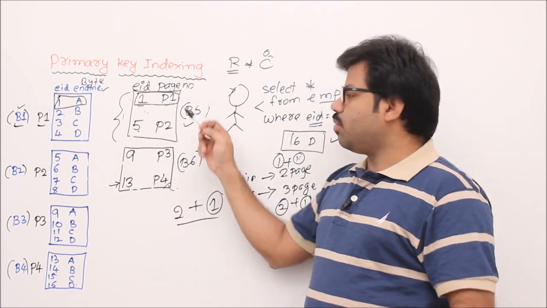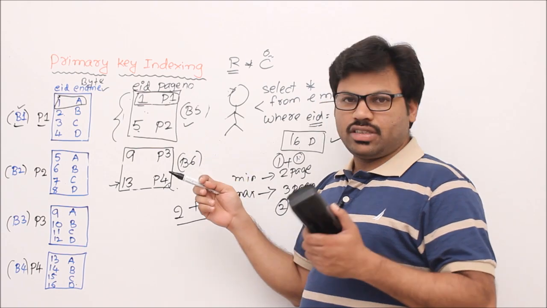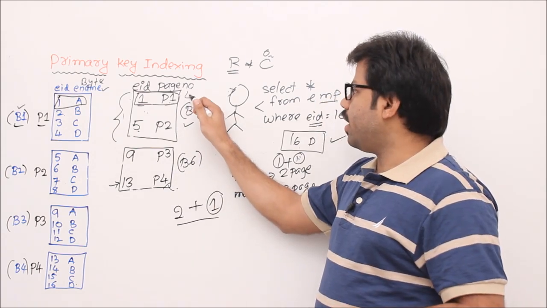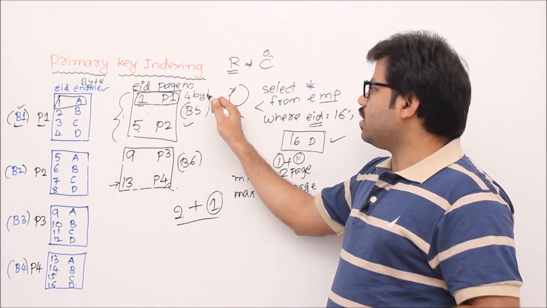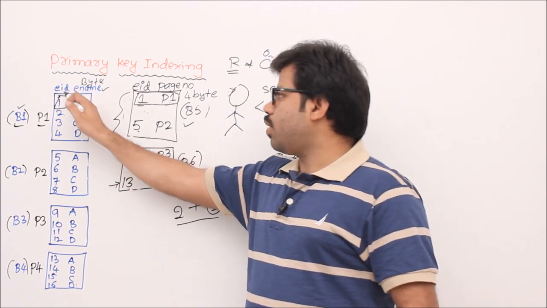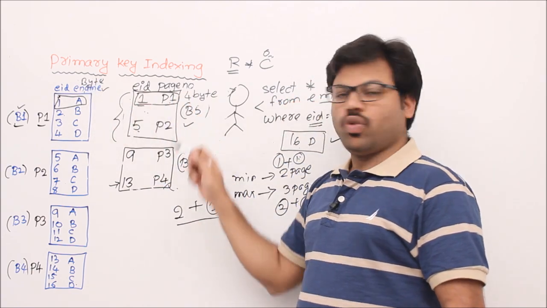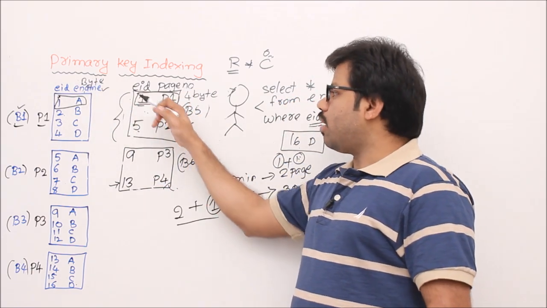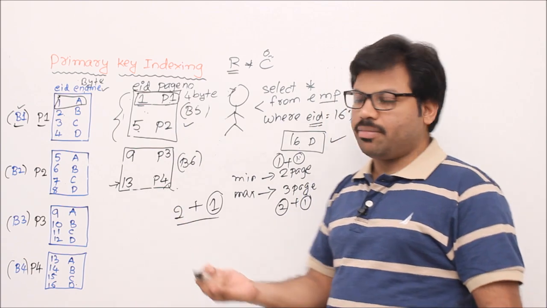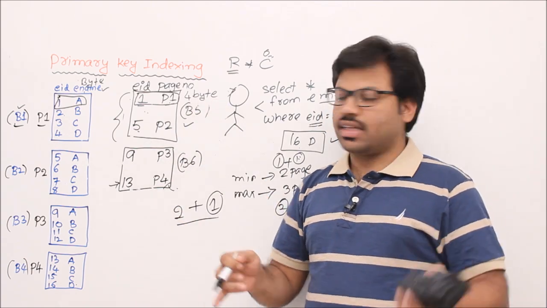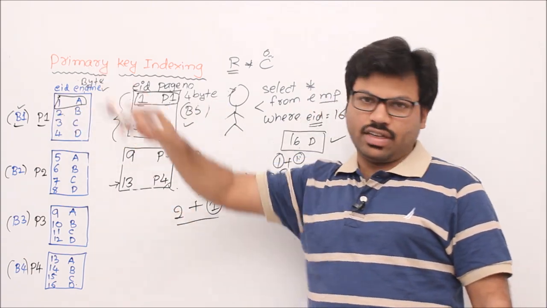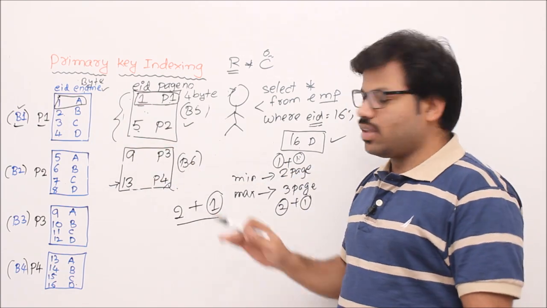Page number is nothing but an address of a page. So we might have 4 byte addresses, let's say. If that is the case, then there is a difference. Employee ID same, but here employee name is only 1 byte, but page number is 4 bytes. Then the number of records here will be less, right? Because the size of each record is bigger than the size of each record in the main page, correct? So that is one thing you should observe.